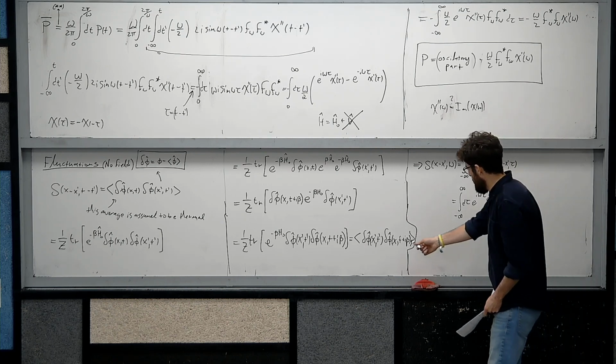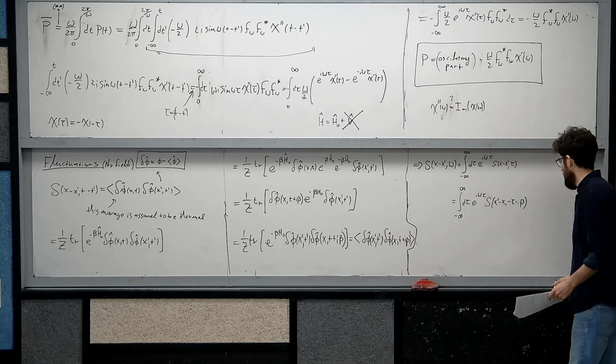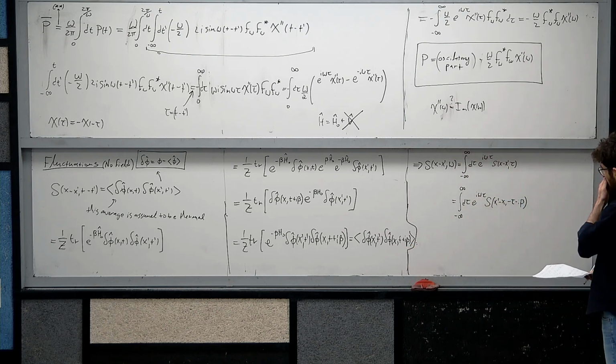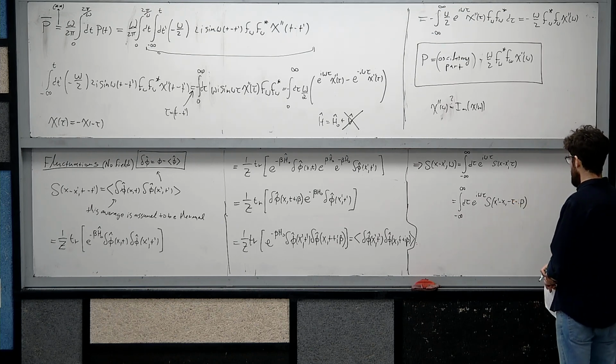Because this is like t prime minus that. And now we can make a change of variables.